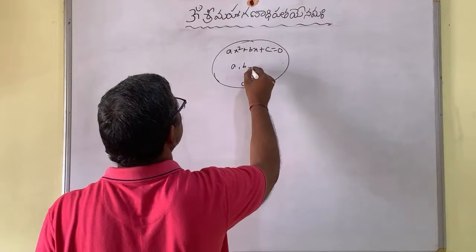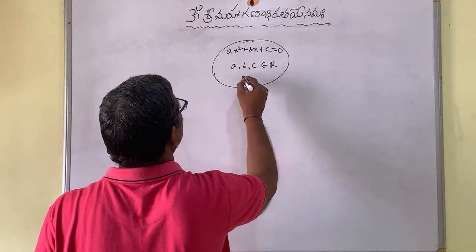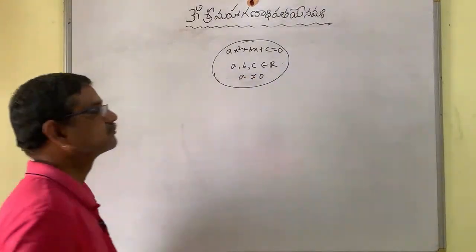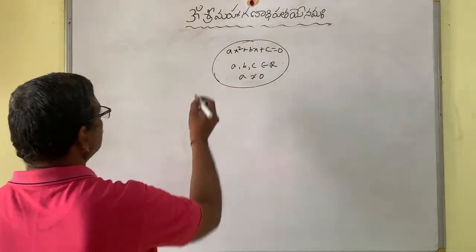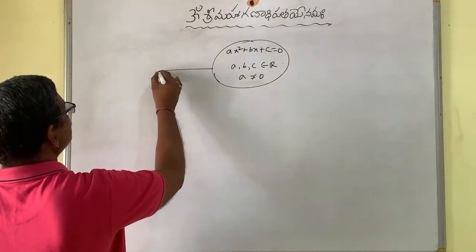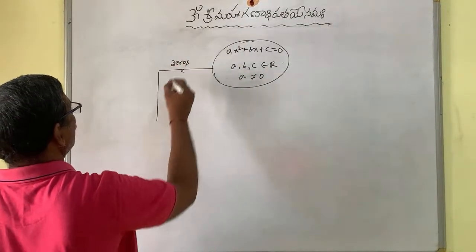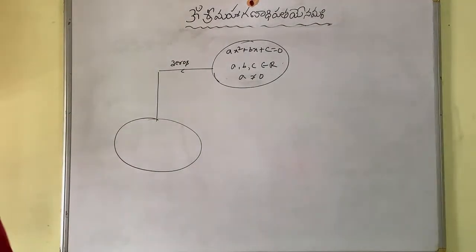A, B, C are real numbers, and a is not equal to 0. Okay, so we are going to find out the zeros of a quadratic equation using different methods.